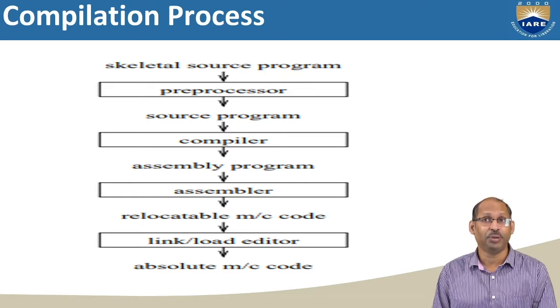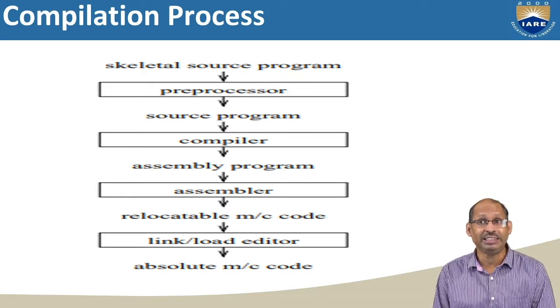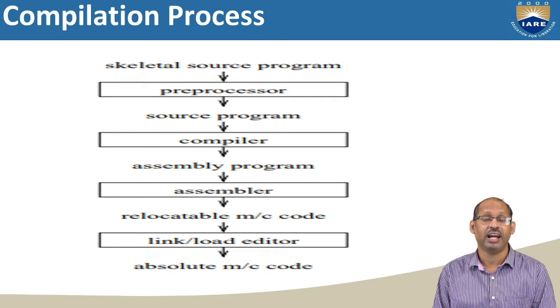Then what does the preprocessor do? It will process all the preprocessor commands, combine the different source files into a single source file, and give the output as a single source program. It will be the input to the compiler.